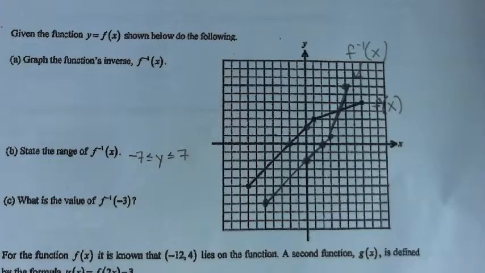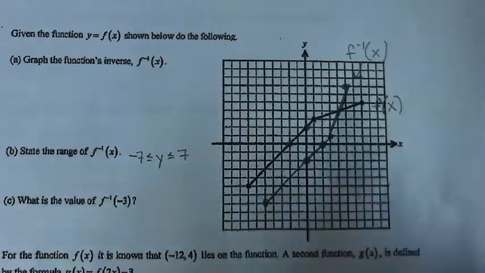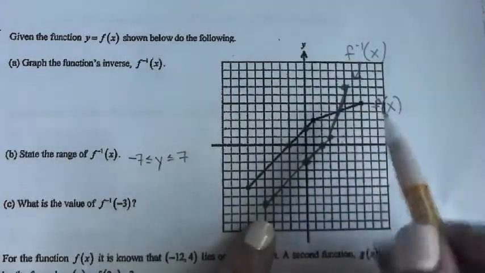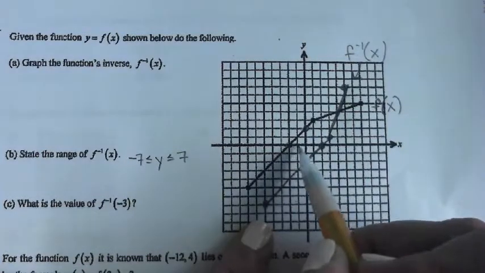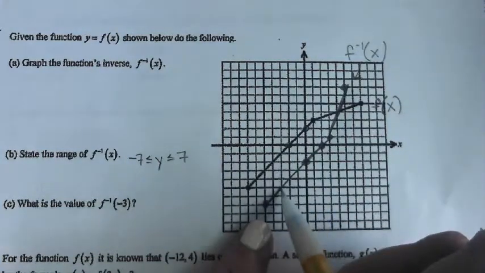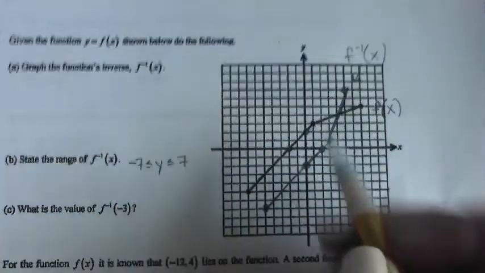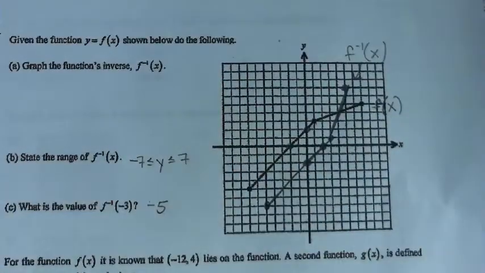And f inverse of -3. Since we've already taken the time to graph the f inverse, let's look. When you input a -3, what's the output? -5. Okie doke.